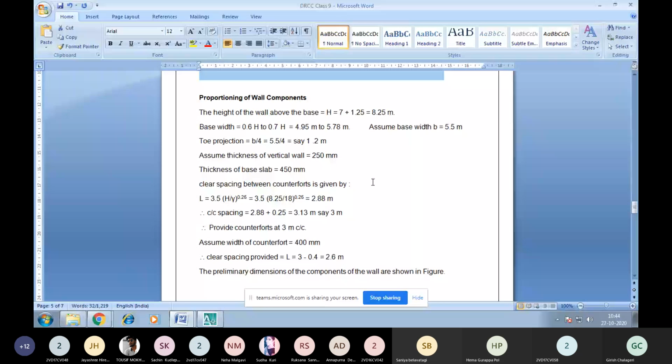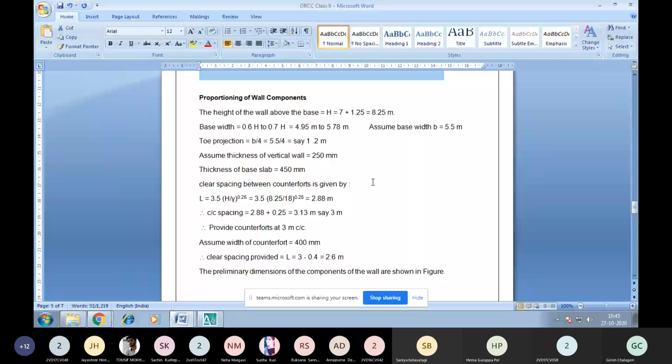So in between this, the base width should be provided. So we are assuming the base width as 5.5. Then the toe projection is one-third to one-fourth of the width. When we divide 5.5 by 4 as the maximum, we get 1.2 meter as the toe projection beyond the stem.